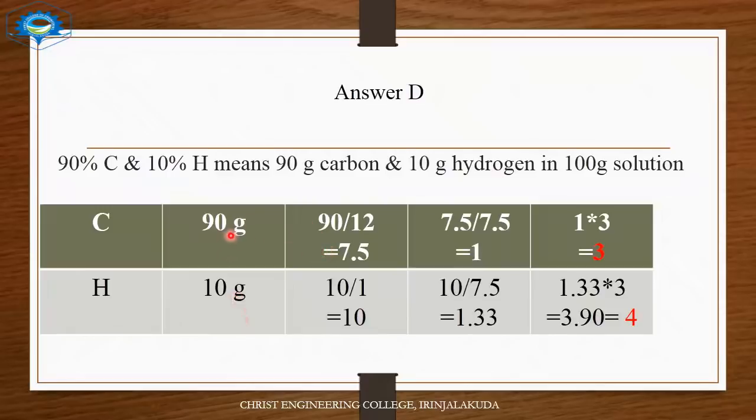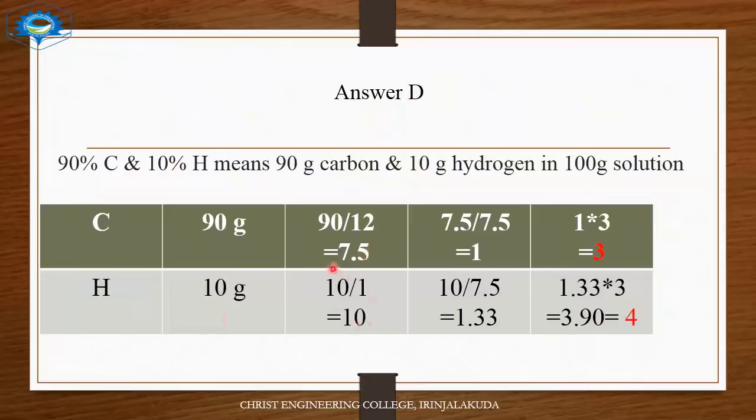First we have to divide the given mass by the atomic mass of carbon. The atomic mass of carbon is 12. So 90 by 12 is 7.5. Similarly, divide by the atomic mass of hydrogen: 10 gram by atomic mass of hydrogen, 1.